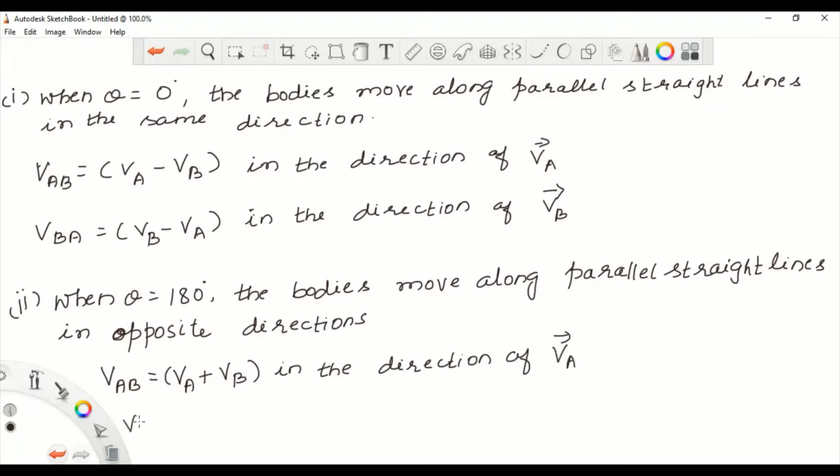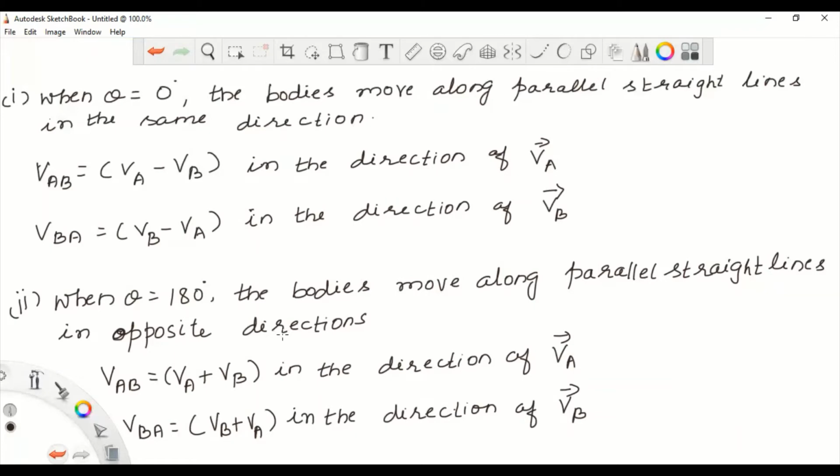And similarly, VBA is equal to VB plus VA in the direction of VB. Again, you are substituting the value of theta is equal to 180 degree in the formula what we discussed. That is VAB is equal to root of VA square plus VB square minus 2 VA VB cos 180.